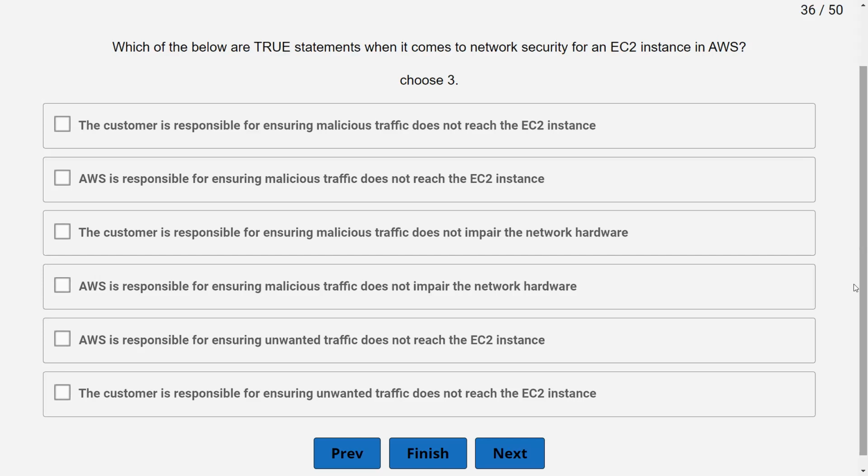A for sure. Remember, the network has hardware. If you choose D, you might get it wrong. It's AWS, it's not customer. But B is AWS. And then I think D is AWS.